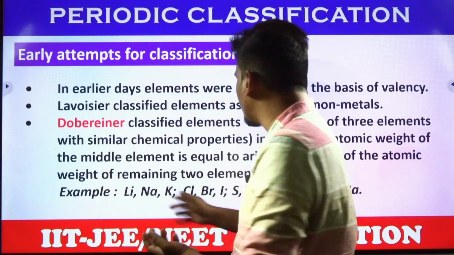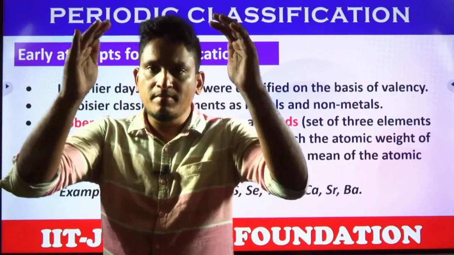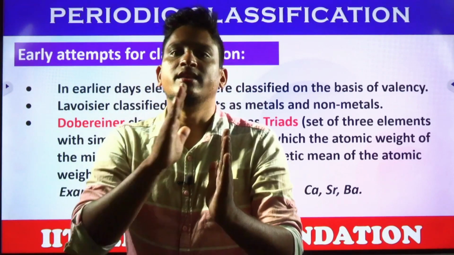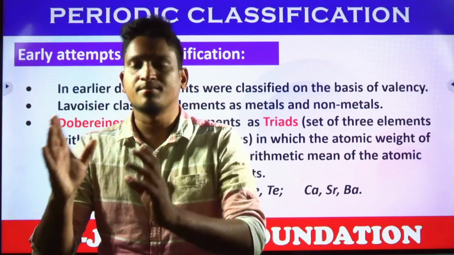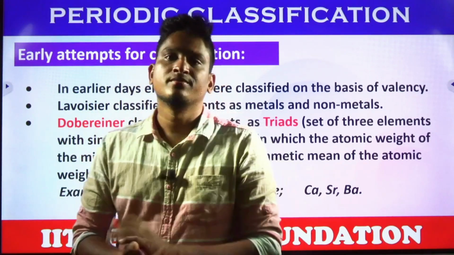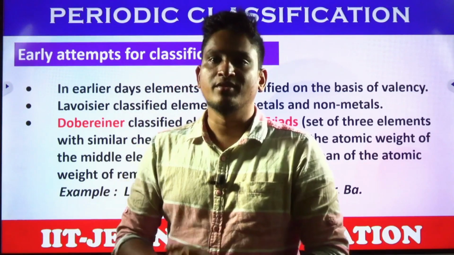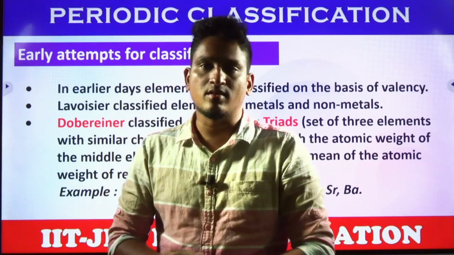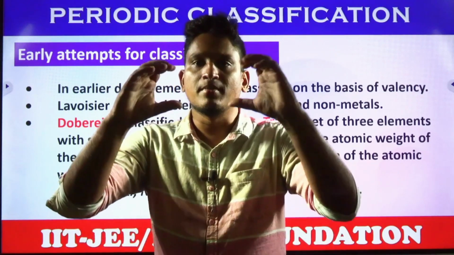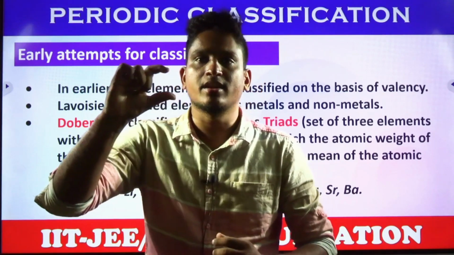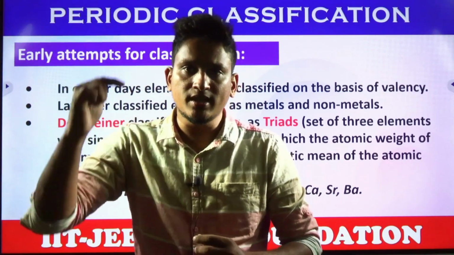Like this, a few groups he classified as triads. And he said the elements in one triad have similar physical and chemical properties. For example, lithium, sodium, potassium have the same properties, and he gave a law which connects all this classification. The law of triads states that the atomic mass of the middle element in a triad is the average of the atomic masses of the first and third elements.